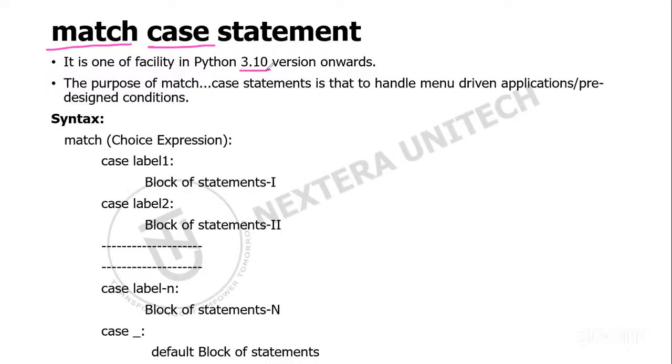So friends, if you are using a Python version less than 3.10, this match case statement will not work. What you have to do is download a Python version greater than 3.10. This is a point to be noted because in the old versions of Python, there is no concept called match case statements.